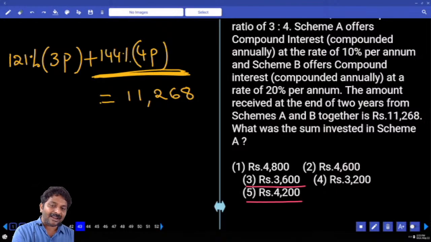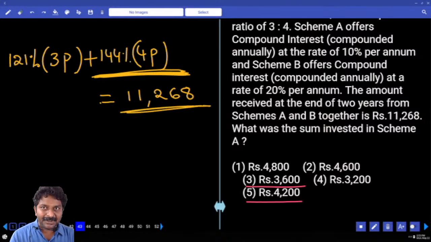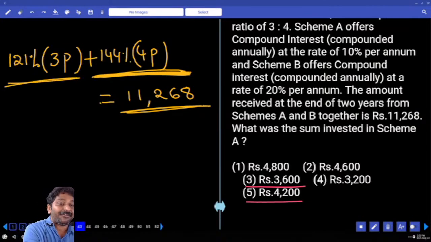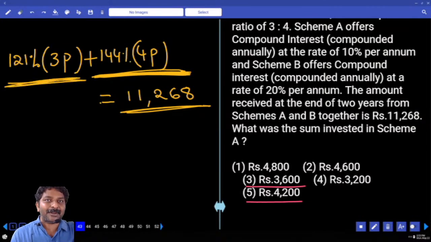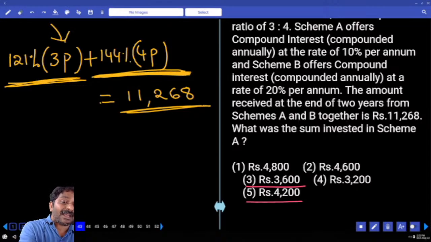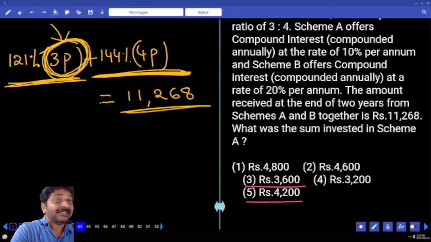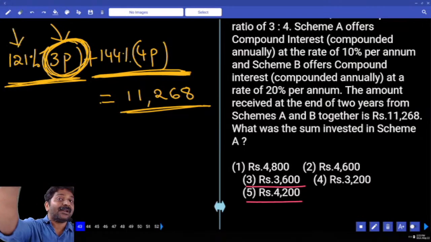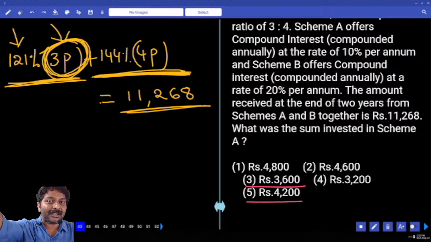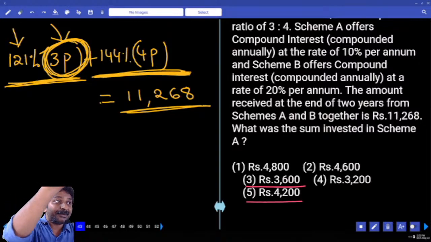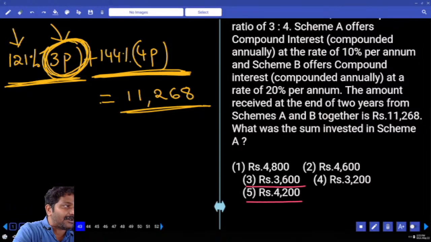The right hand side number is a 9 multiple. On the left hand side, one of the numbers is a 9 multiple. Then the first number also should be a 9 multiple. Then the 3 parts value, whatever you want to write here, has to be a 9 multiple, because 121 is not a multiple of 3, not a multiple of 9. So the principal in the first case should be a 9 multiple only.